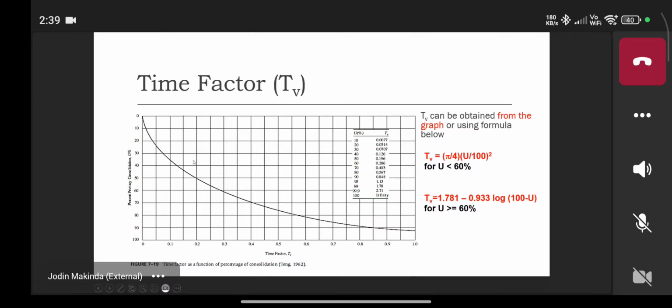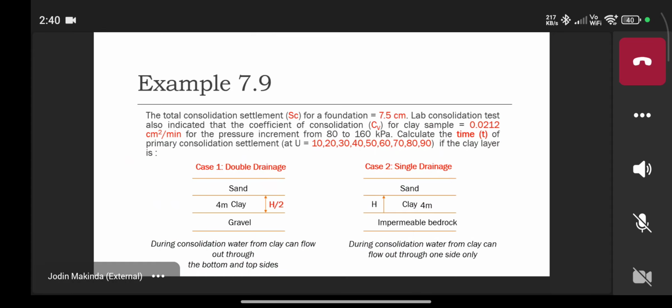You can use the figure, or you can use the table, or you can use the equation. What is the importance of time factor? Or more importantly, how do you use time factor in solving equation?